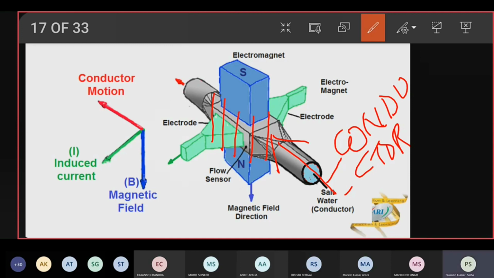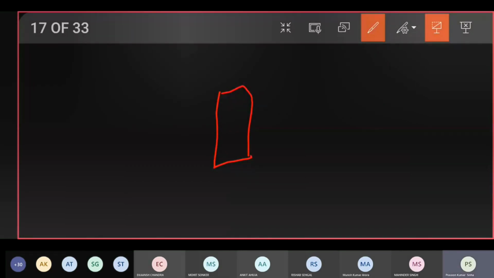So in this condition, the direction of the magnetic field is from bottom to top, because it goes from north to south outside. Within the magnet, south to north, but outside from north to south. अगर ये north south है, तो बाहर में नॉर्थ से साउथ की तरफ जाता है और भीतर में साउथ से नॉर्थ की तरफ जाता है.